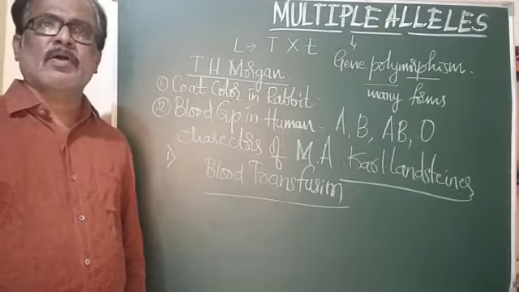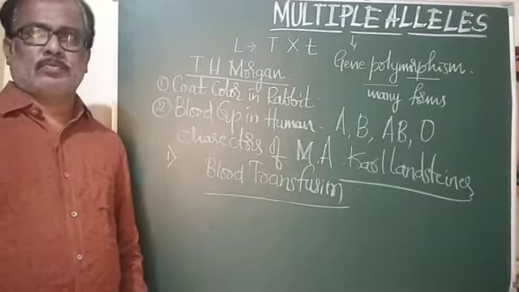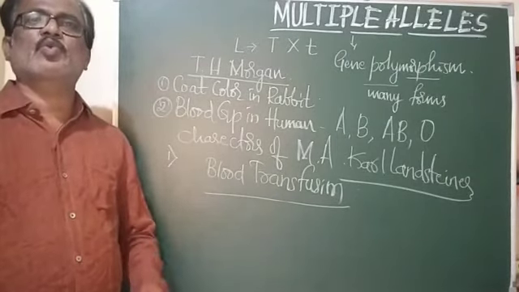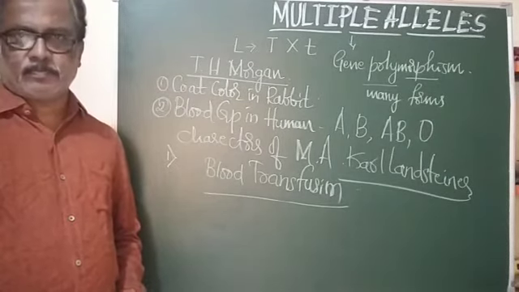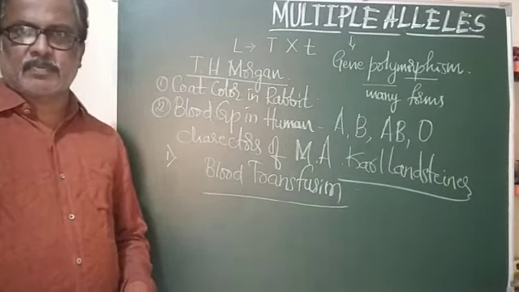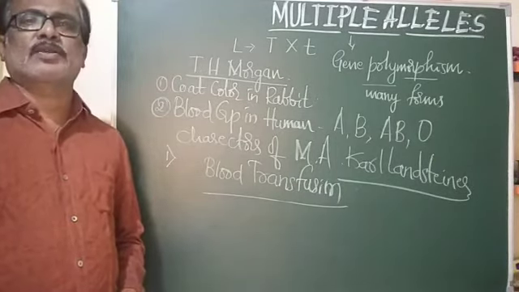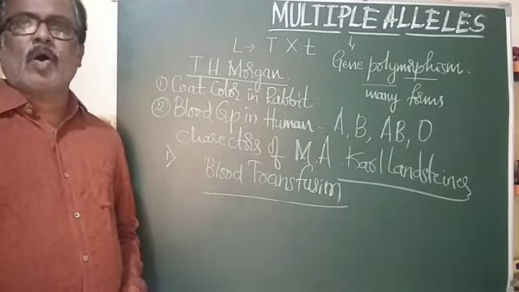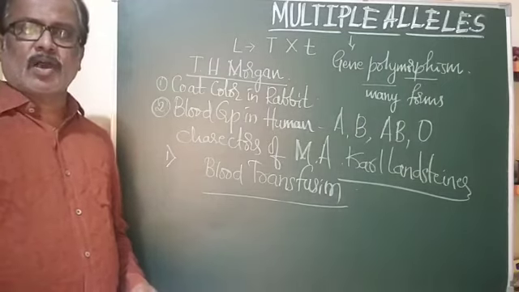Agglutination or clumping is mainly due to the reaction between antigen and antibodies. So what are these antigens and antibodies now? Antigen or agglutinogen.